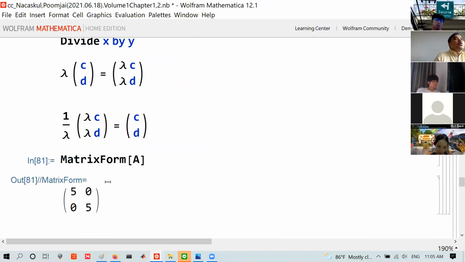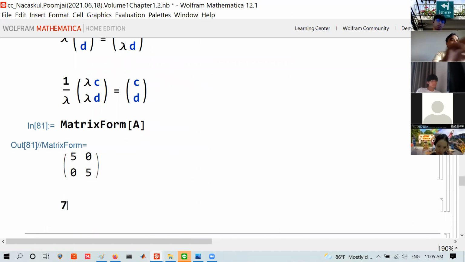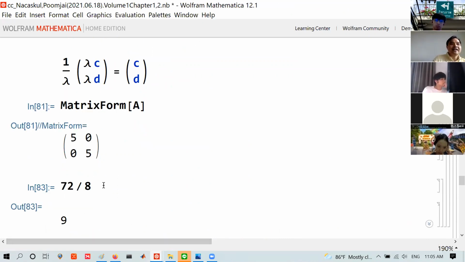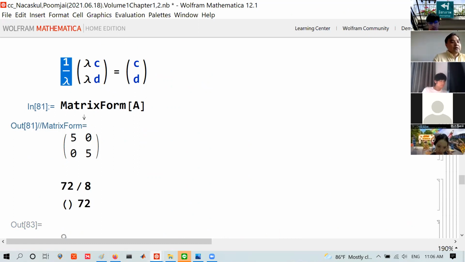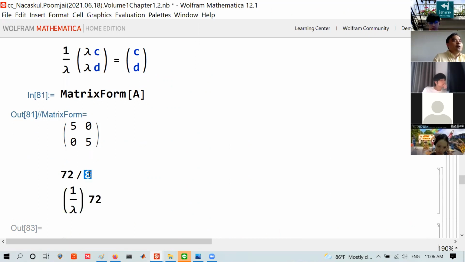In other words, when you divide 72 by 8 to get 9, yeah, this is a division. I'm going to make this something else. I'm not going to divide 8 into 72. I'm going to multiply 72 by 1 over 8.